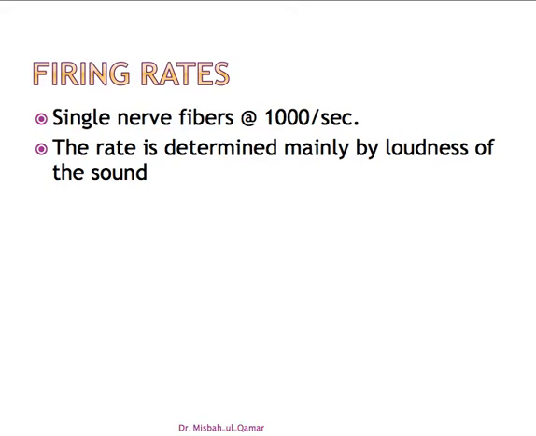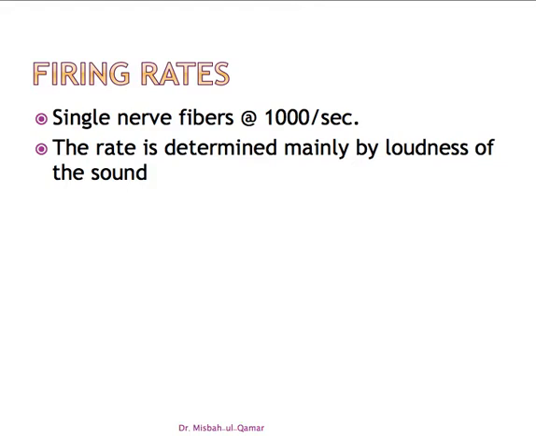Now we will see if there is any synchronization between the firing rate and the frequency of sound. You see, single nerve fibers which enter the cochlear nuclei from the auditory nerve can fire at the rate of 1000 per second.